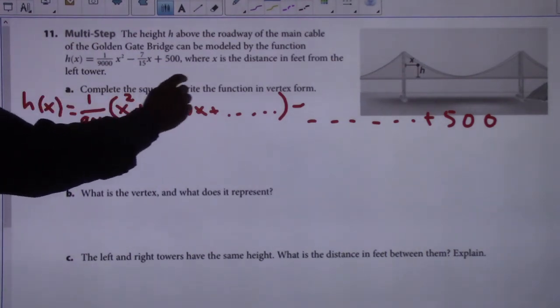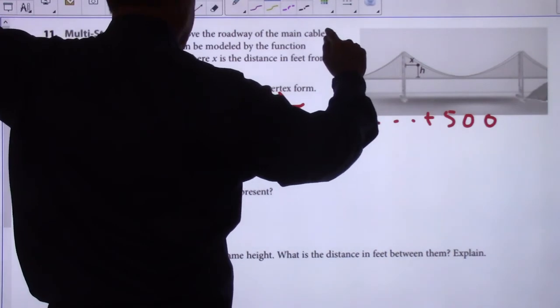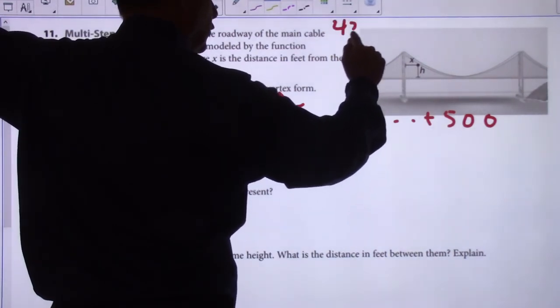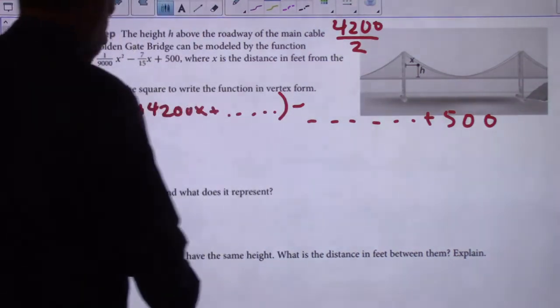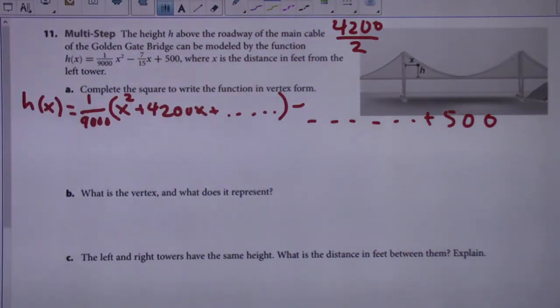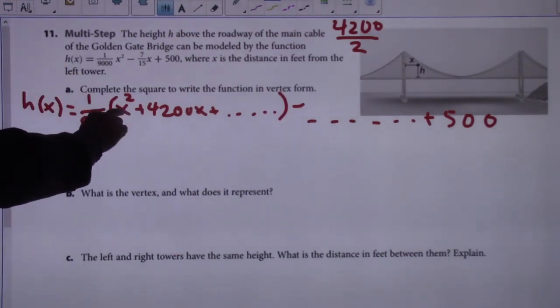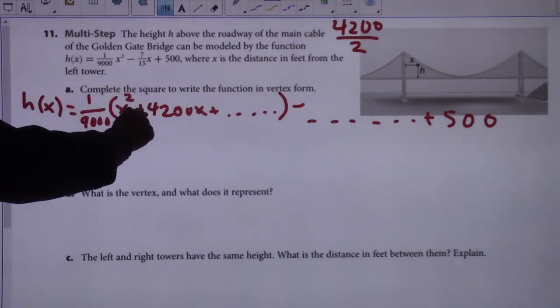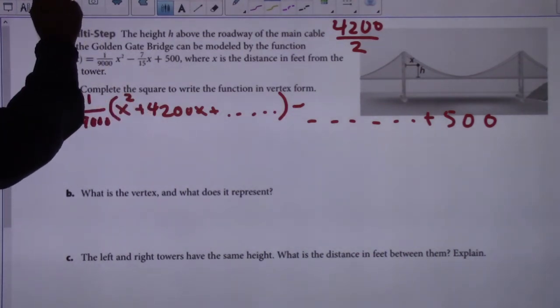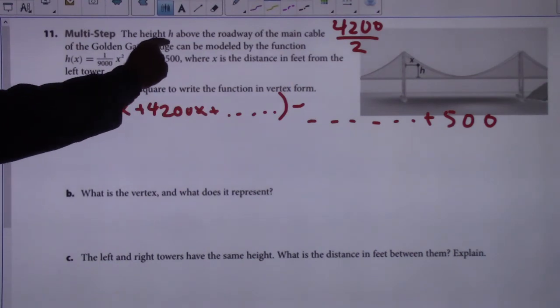So take the 4,200 divided by 2, which is 2,100. Don't you have to bring the 9,000 first? We did, because look, it's that, and then 1/9,000 of that is that. Actually, it's supposed to be minus, isn't it?